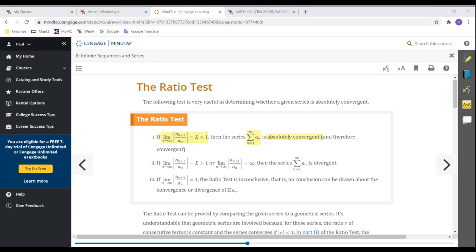What series, if the absolute value of the ratio is less than 1, converges? What series does that, that you've seen?